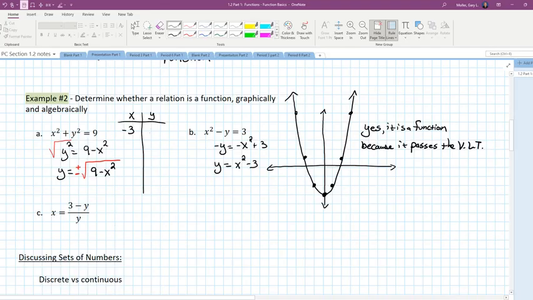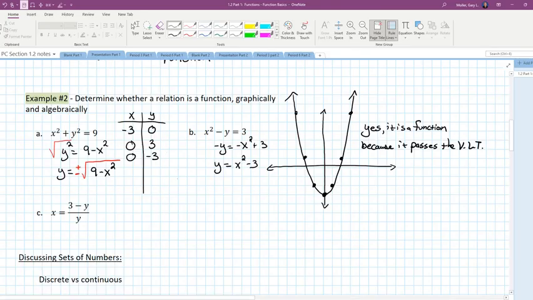And negative 3 leads to a 0. When I plug in 0, I get the square root of 9, which is 3, but I get a positive 3, and I get a negative 3. And that sort of gives away the whole ball game right there, that when I put in an input of 0, I get 2 different answers. So if for nothing else, we know that this is not a function.